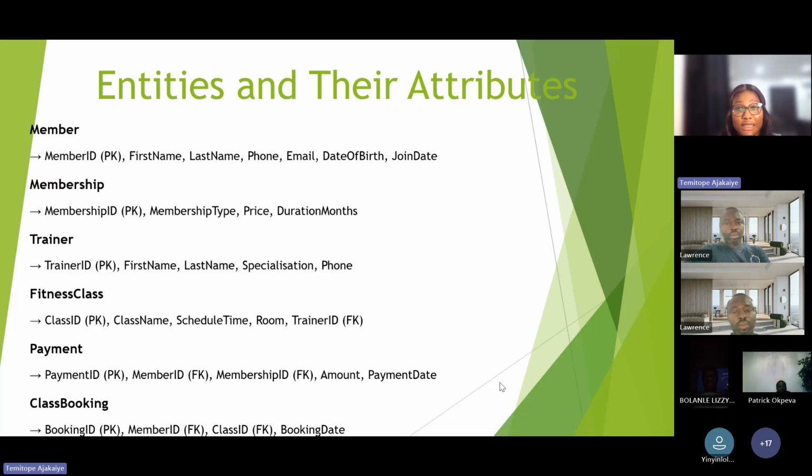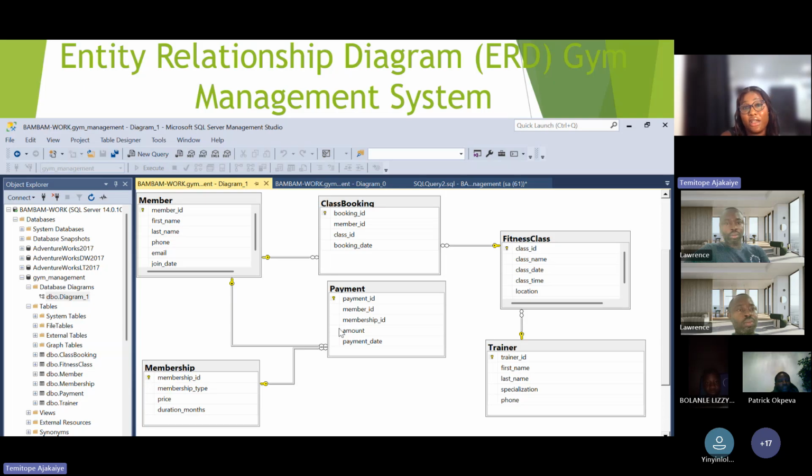And this slide explains exactly what information is stored in each entity. So for member, we have basic personal details like their name, and their member ID is their primary key, which is like a unique identifier for each of the members. And we also have first name, last name. And under membership, we also have the membership ID, and we have membership type and so on. Moving on, this is the ERD for the gym management system.